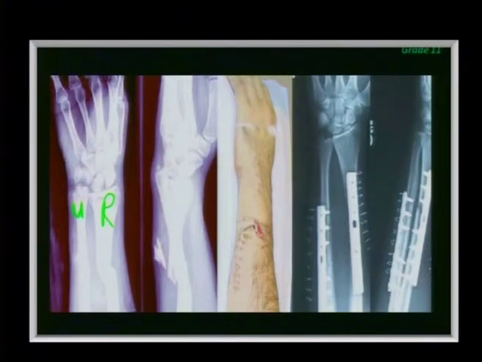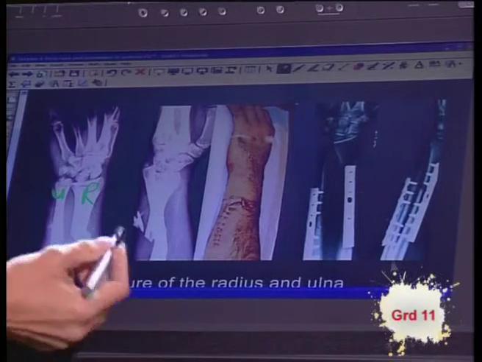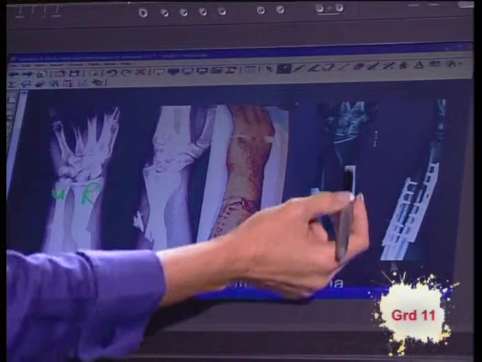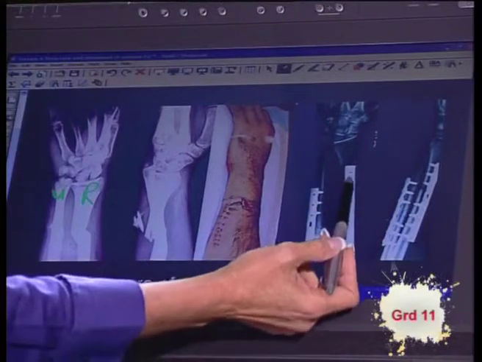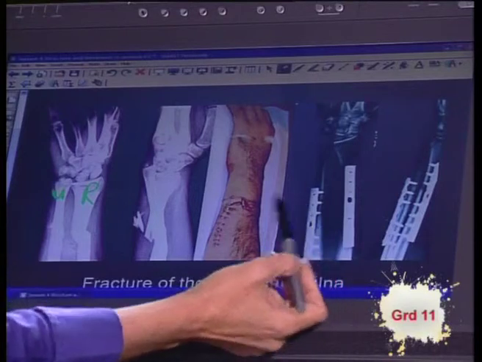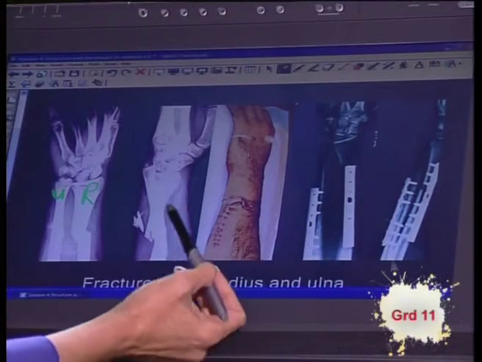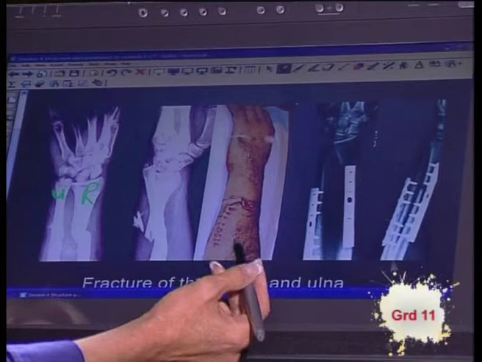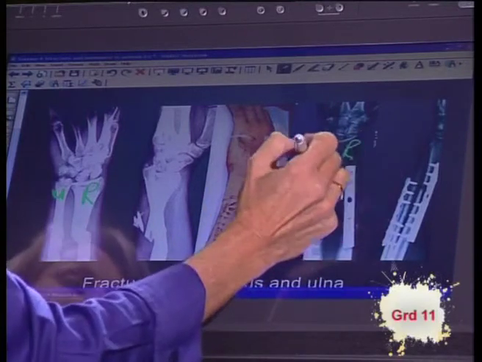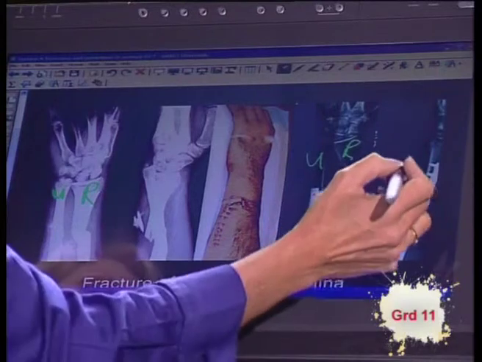So here you're looking at the radius is completely broken. So what do they do? They put plates in, and this is what it is when they say people have got metal plates in their arms. They put these metal plates in and screw them in place to keep the bone in the correct place so that it can now heal. There's the radius, there's the ulna.